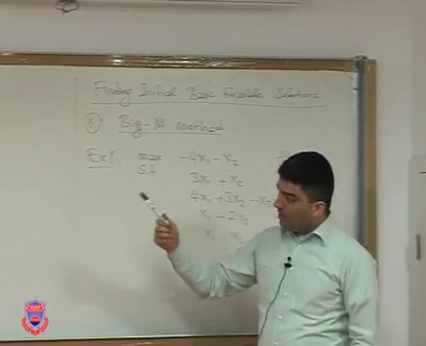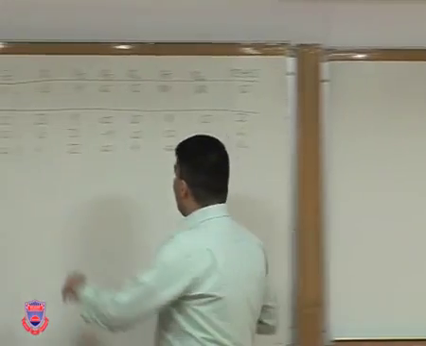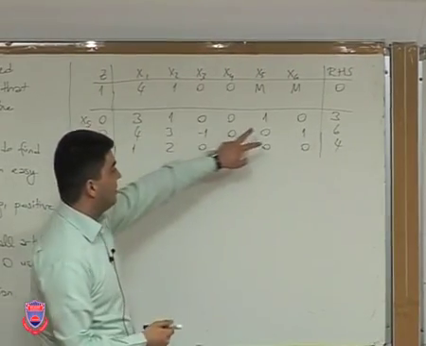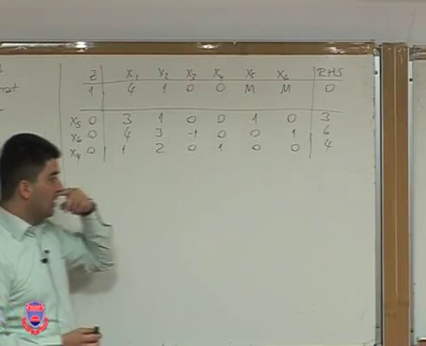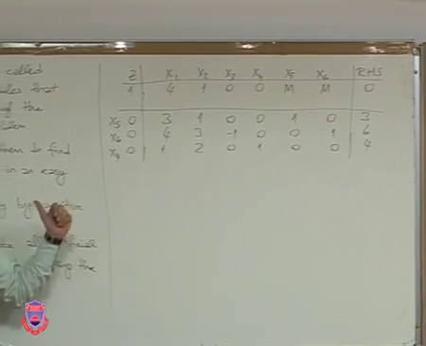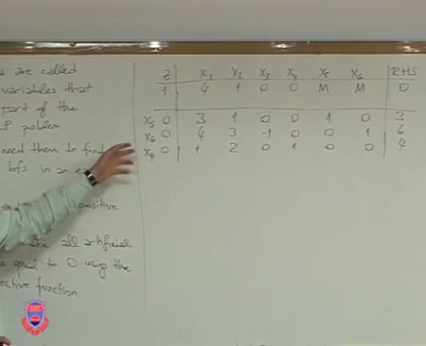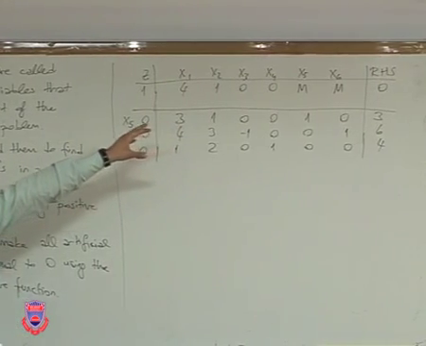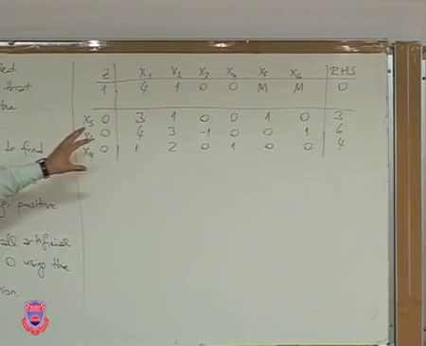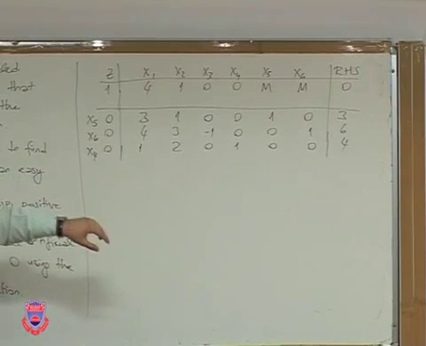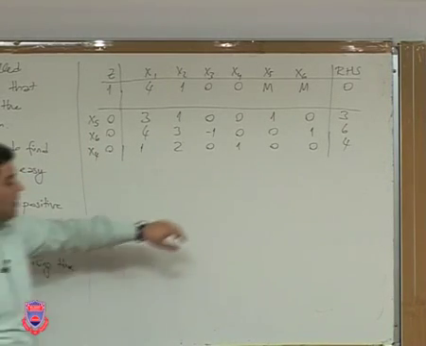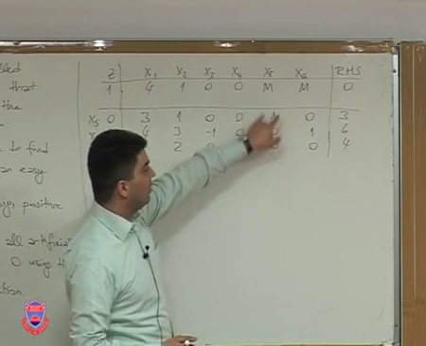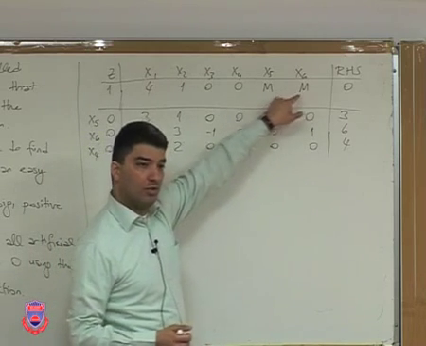However, in this case, despite the fact that x5 and x6 are basic variables, their row 0 coefficients are not equal to 0. Now, this problem never showed up before because we started with slack variables, and the slack variables always had 0 in the objective function. So we never had this issue before. But in this case, since we also have non-zero coefficients for x5 and x6 in the objective function, before I can start the simplex method, I need to make sure that both of these entries are equal to zero.